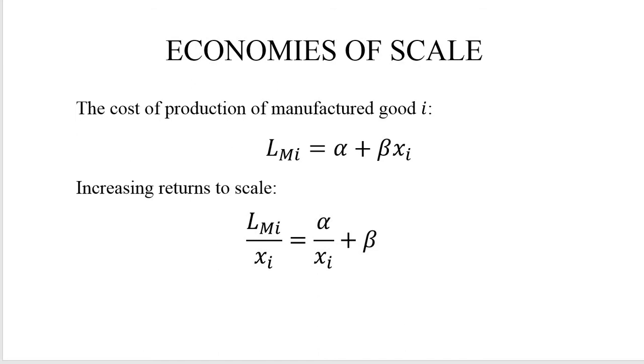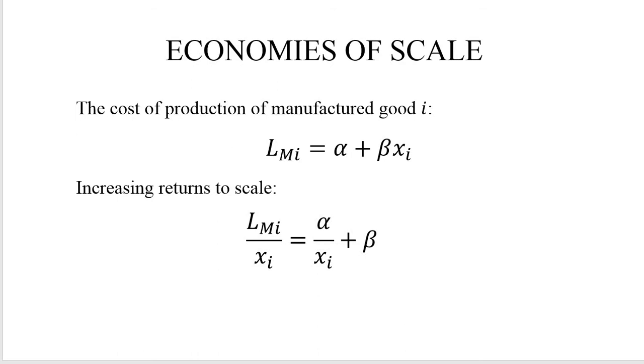Alpha stands for fixed cost, or basically the cost which does not depend on the level of production, and beta stands for the constant marginal cost. So in this case, when we assume non-zero fixed cost and constant marginal cost, we can easily detect that increase in the volume of production will result in decrease in per unit production cost.